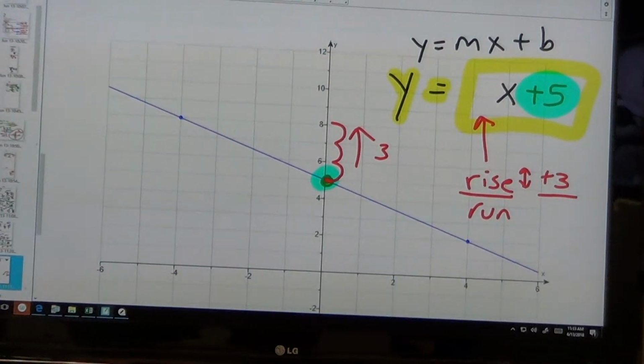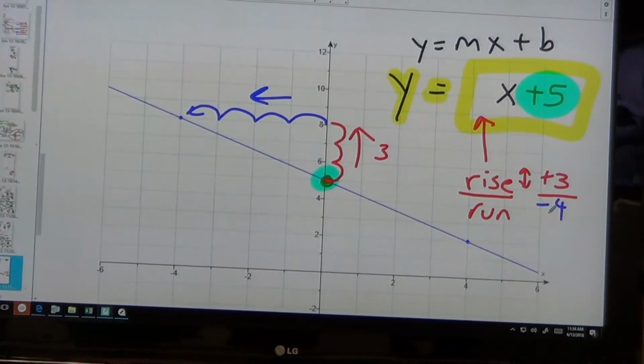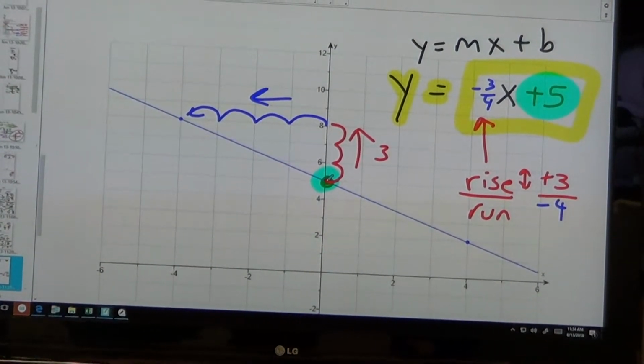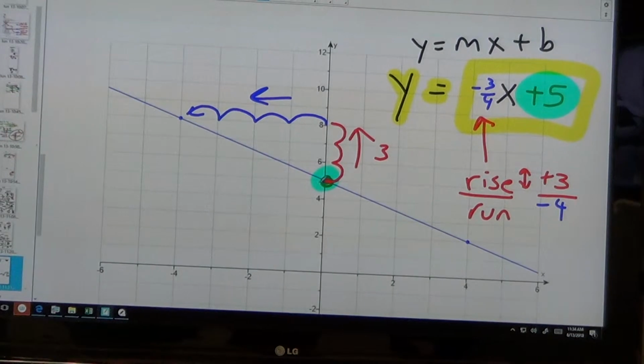And then if I go 1, 2, 3, 4 that way, negative, which would be a negative 3/4. You with me? Yeah. Now, if I am visiting from here to his house, I'm gonna go 1, 2, 3 down.